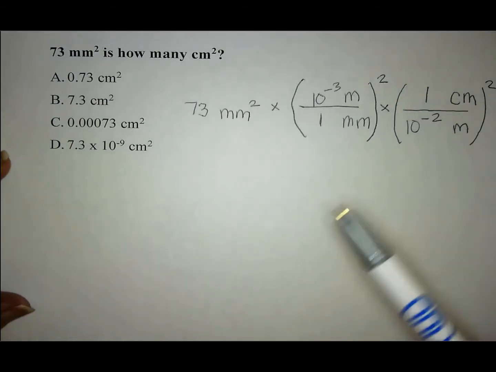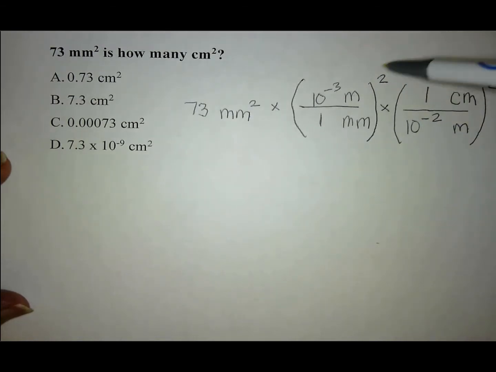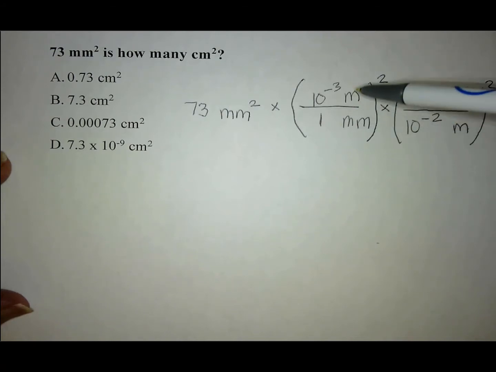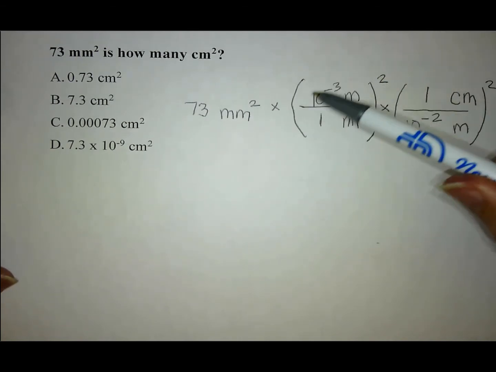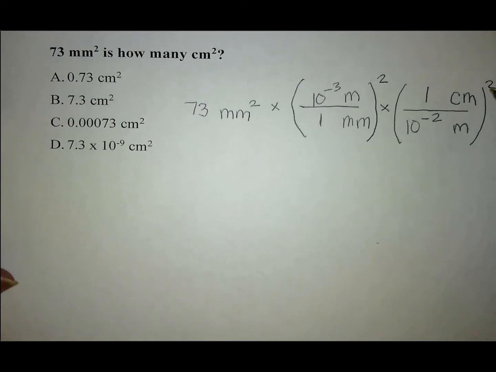So you have to be careful that the square that's on the outside of the parentheses applies to the units and it applies to any numbers that are within the parentheses. For example, we're going to have to square this 10 to the minus 3, and we're going to have to square this 10 to the minus 2.